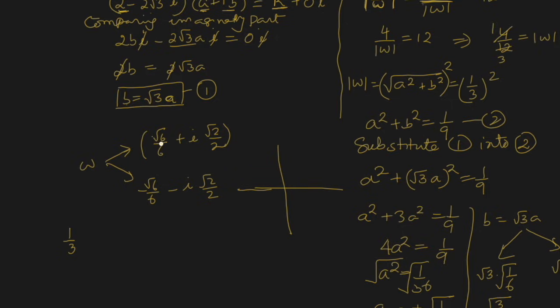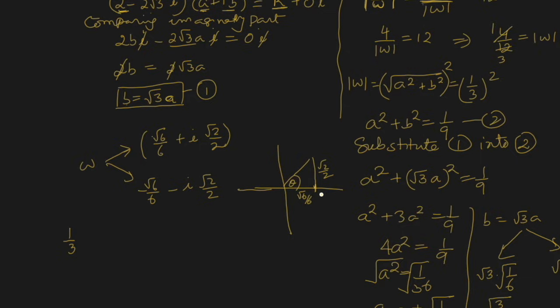First, this one, positive something. So positive square root 6 over 6 is here, and this is positive square root 2 over 2. So this will be a positive angle in this direction.